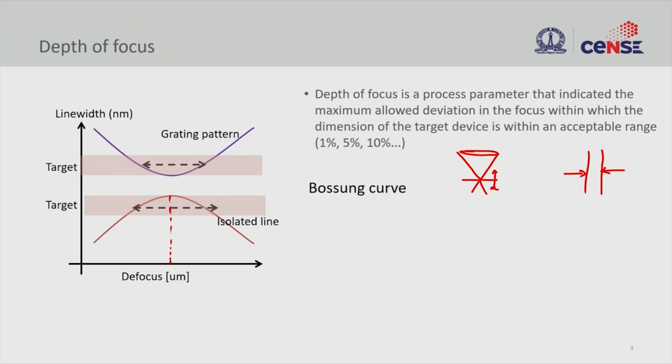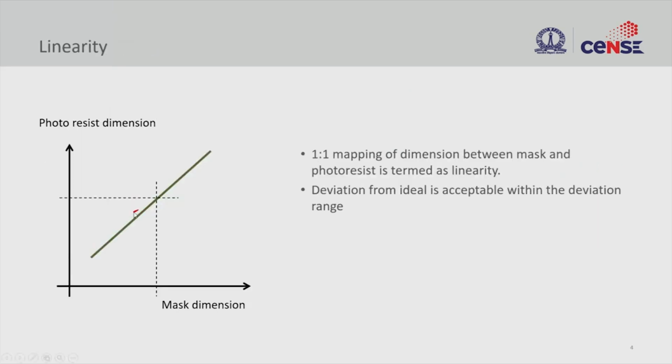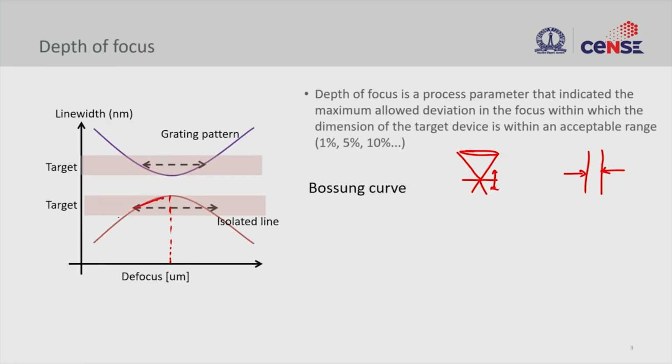So I'm going to move this focal plane up and down, and your critical dimension will also change, because of non-optimal focus. And this is what we capture in this exposure dose and variation picture. Your depth of focus is measured by varying your focus onto the wafer and measuring the target CD.